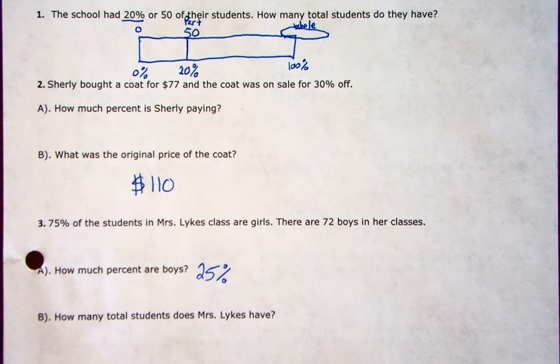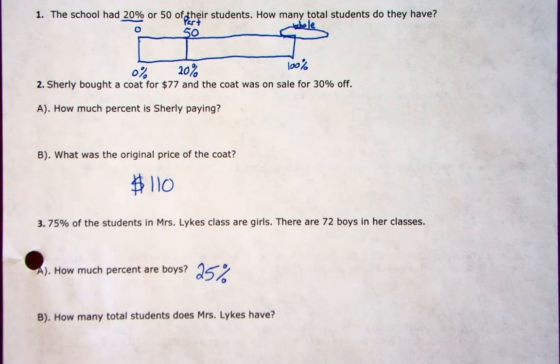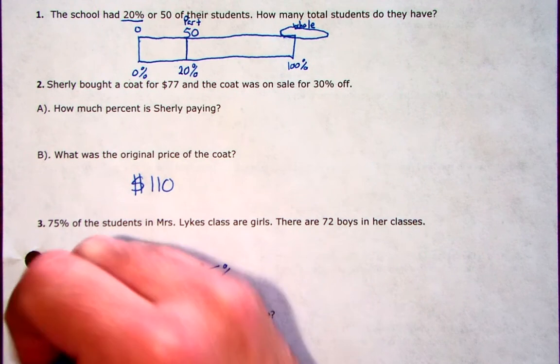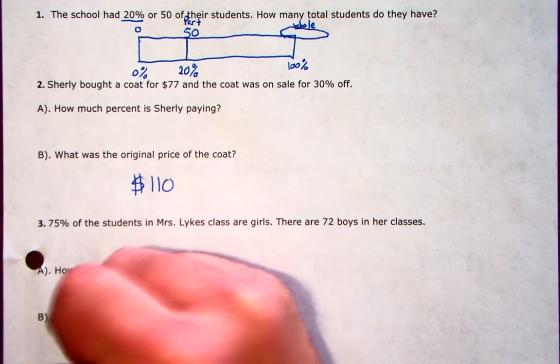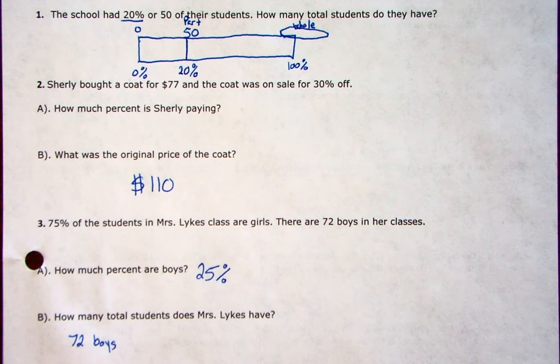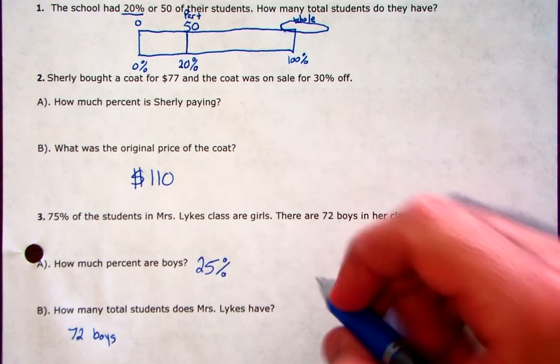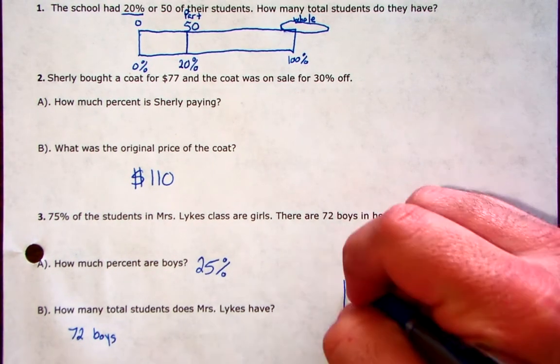3B, how many total students does Miss Lake have? Well, we already know that she has 72 boys, but we don't know how many girls she has. So we're going to go ahead and set up a nice little percent bar.